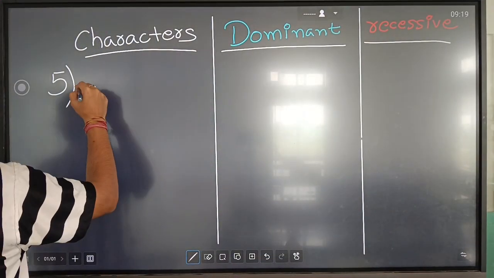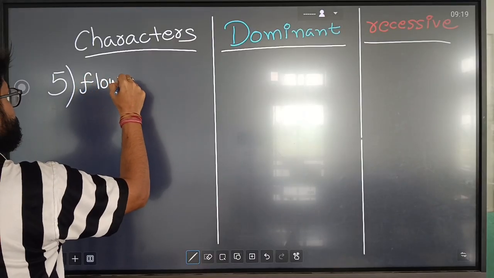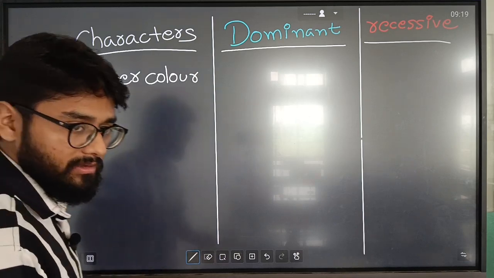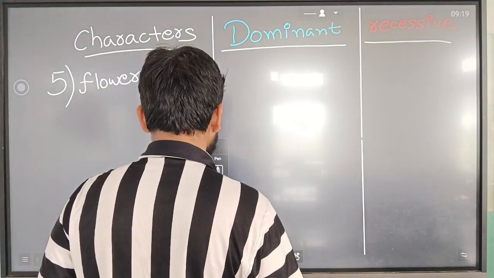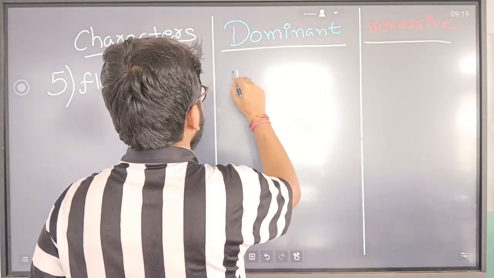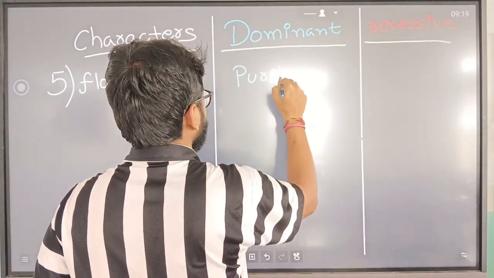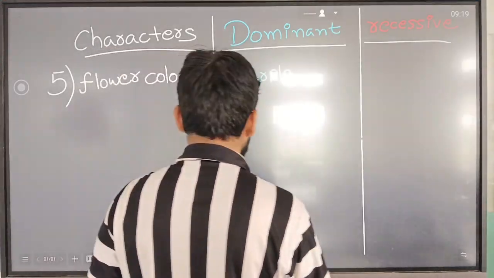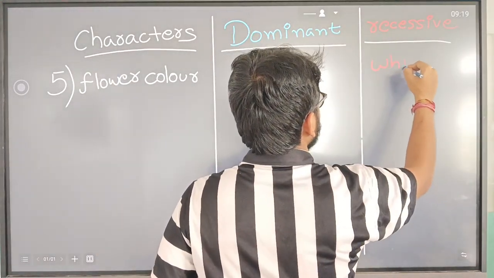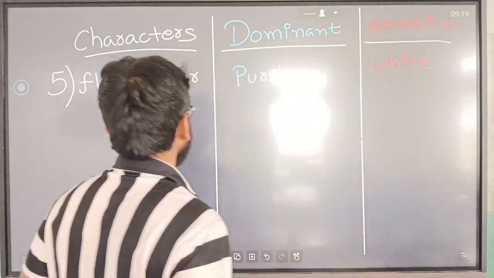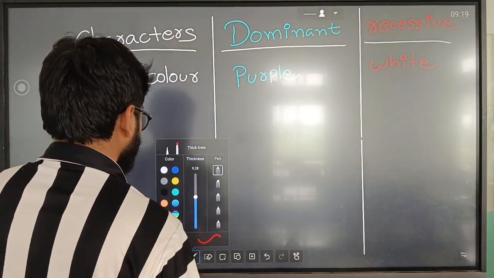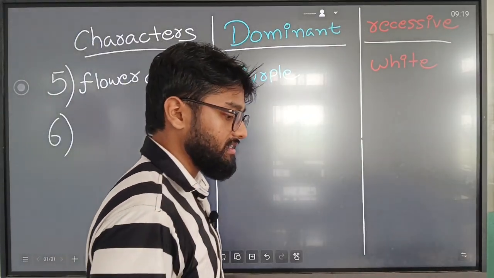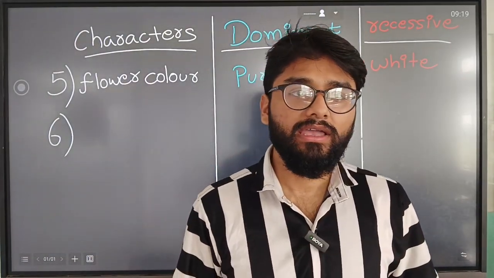So we will be taking flower color as well. Flower color here, the dominant can be purple, and the recessive can be white. Purple and white.